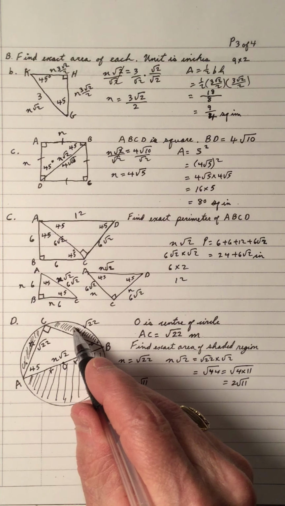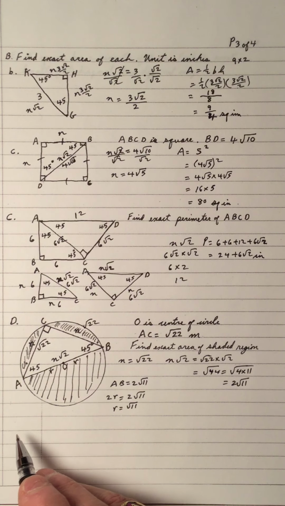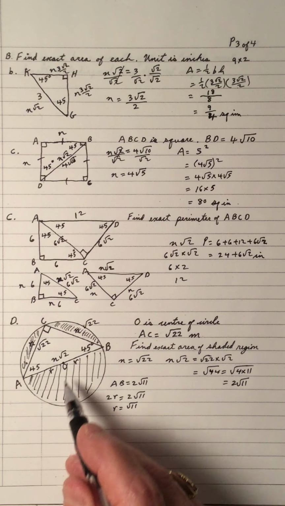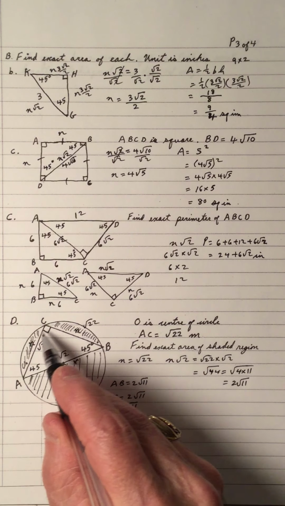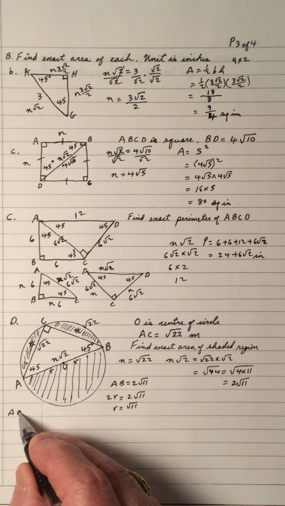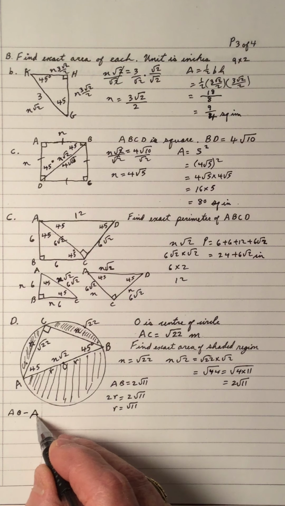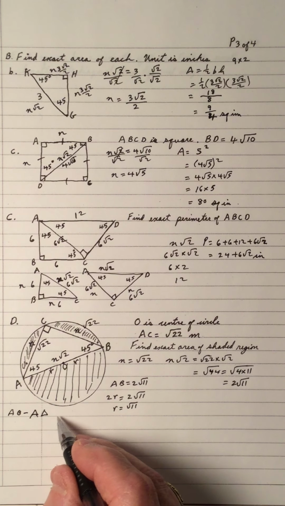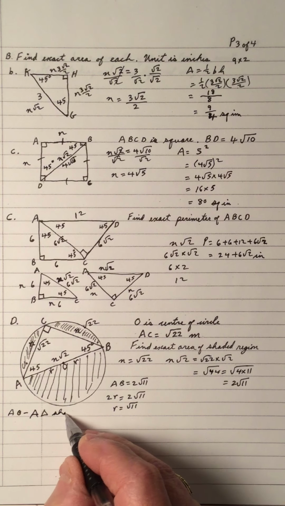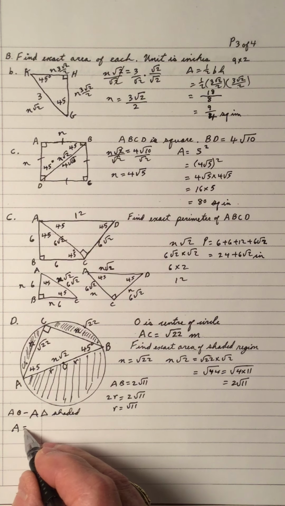So the shaded region is this part, and this part. The shaded region doesn't have the triangle, so it's the area of the circle minus the area of the triangle. So let's find the area of the circle.